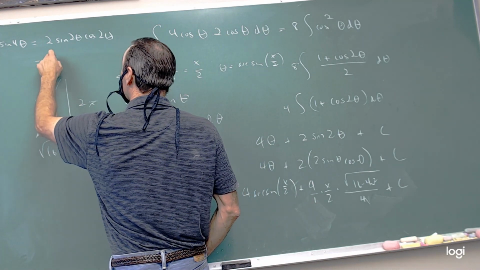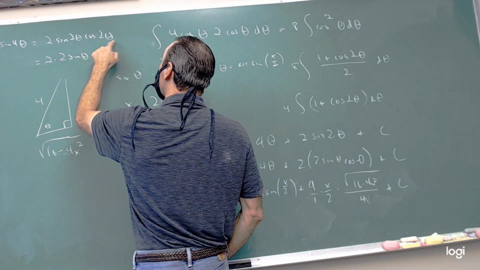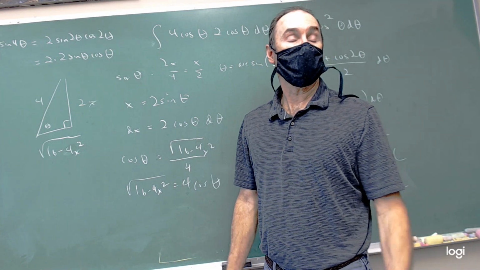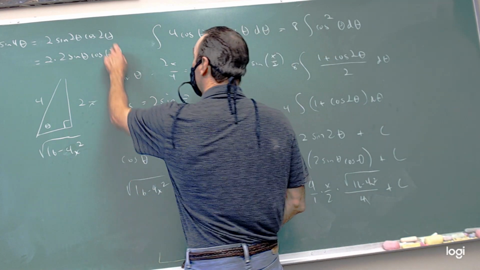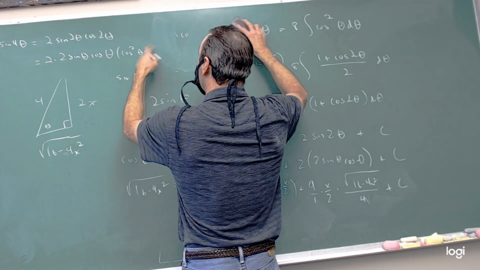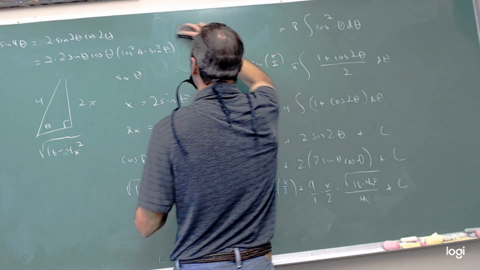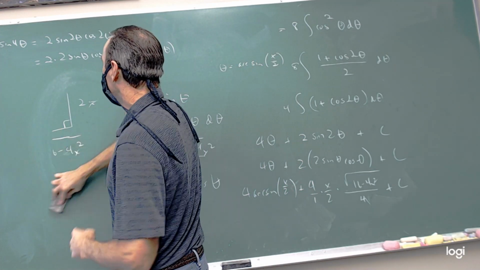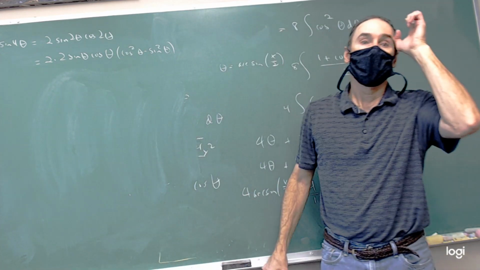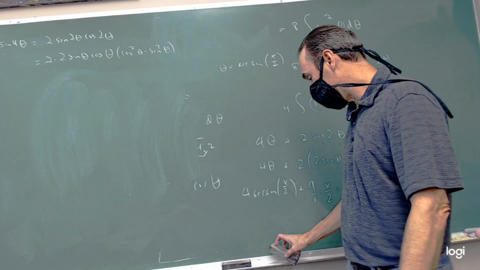That would be 2 times 2 sine theta cosine theta, but this has a different identity. I didn't give you that one because I don't think it ever comes up. I think it's cosine squared theta minus, there are like 3 different ones for that one. This is the only one I remember. But you'd have to break it down further. So if we get to that point on the test, and we did something, then you know you made a mistake.